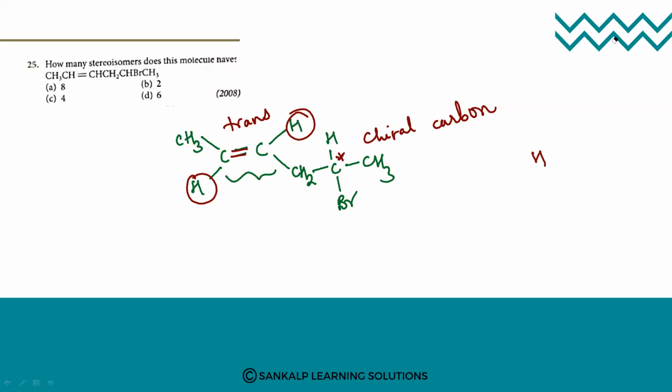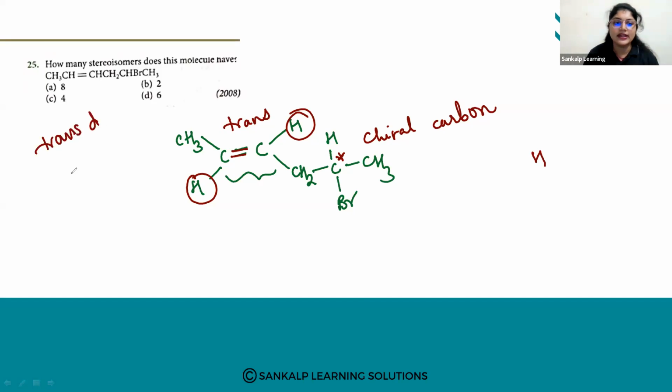Now how many isomers can it form? It can form trans D, trans L, cis D, and cis L. Okay, so these are the forms.